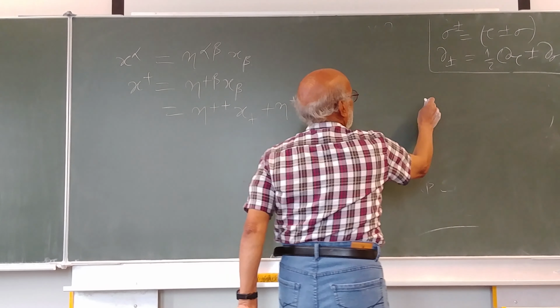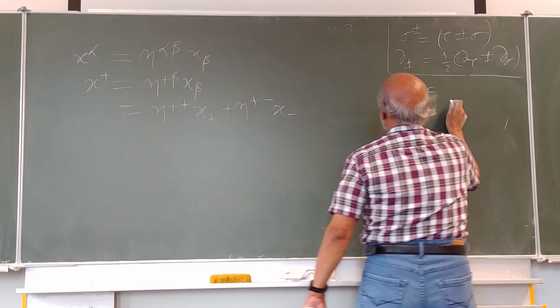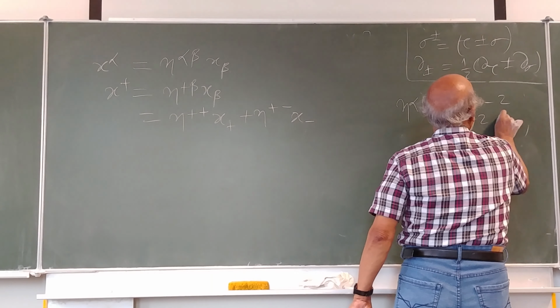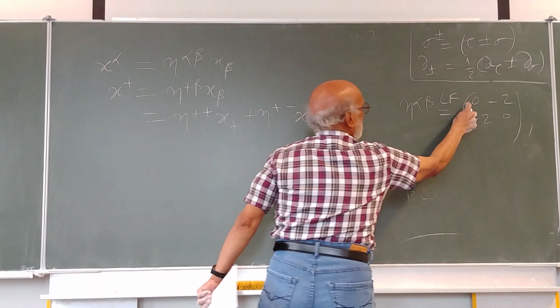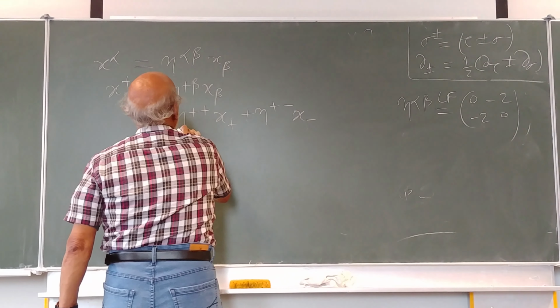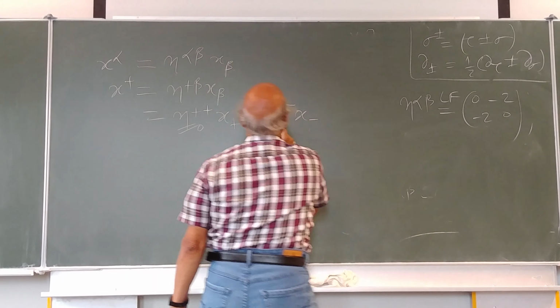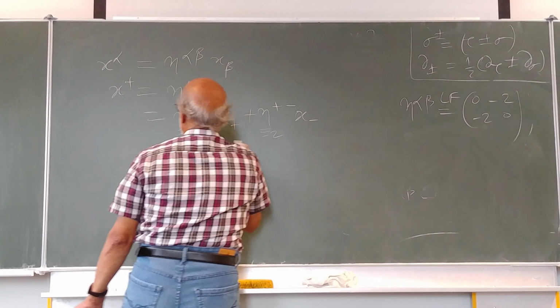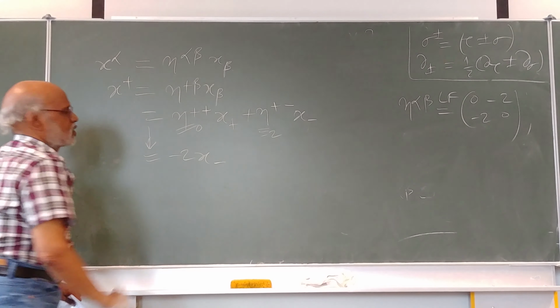Now what was my eta here for light front? This was 0, minus 2, 0. So g plus plus is 0, and this h plus minus is minus 2. So this is equal to minus 2 x minus.